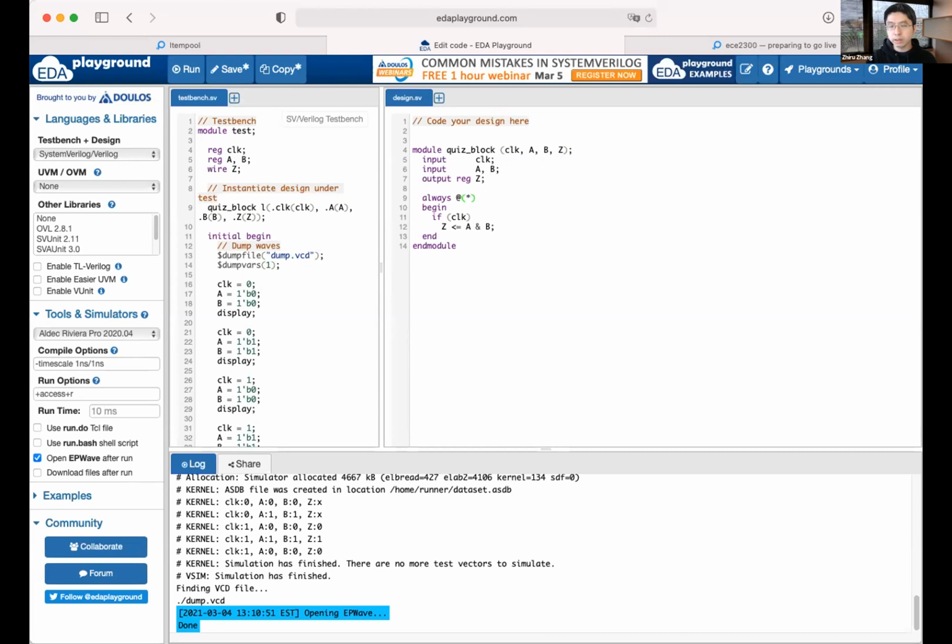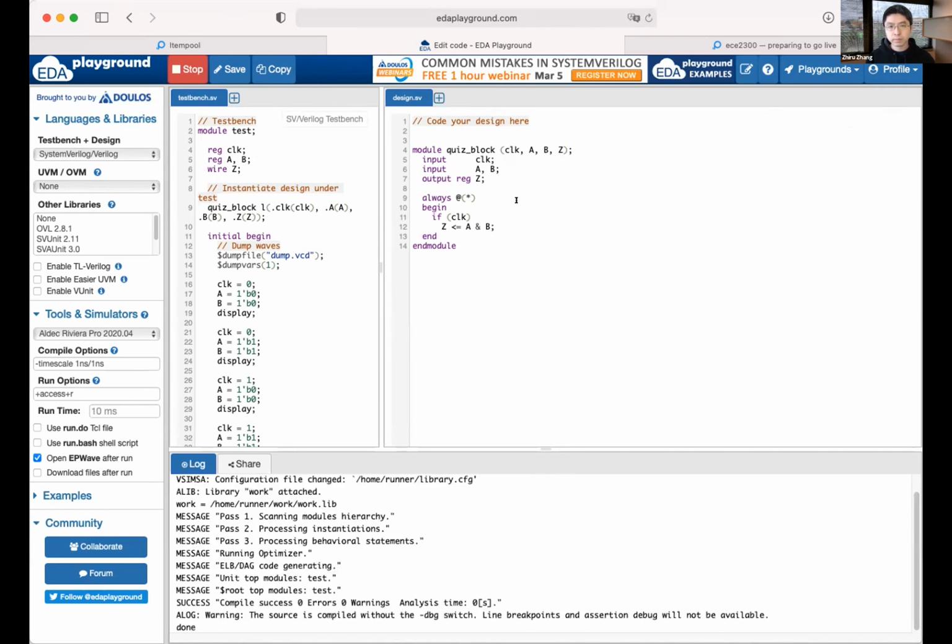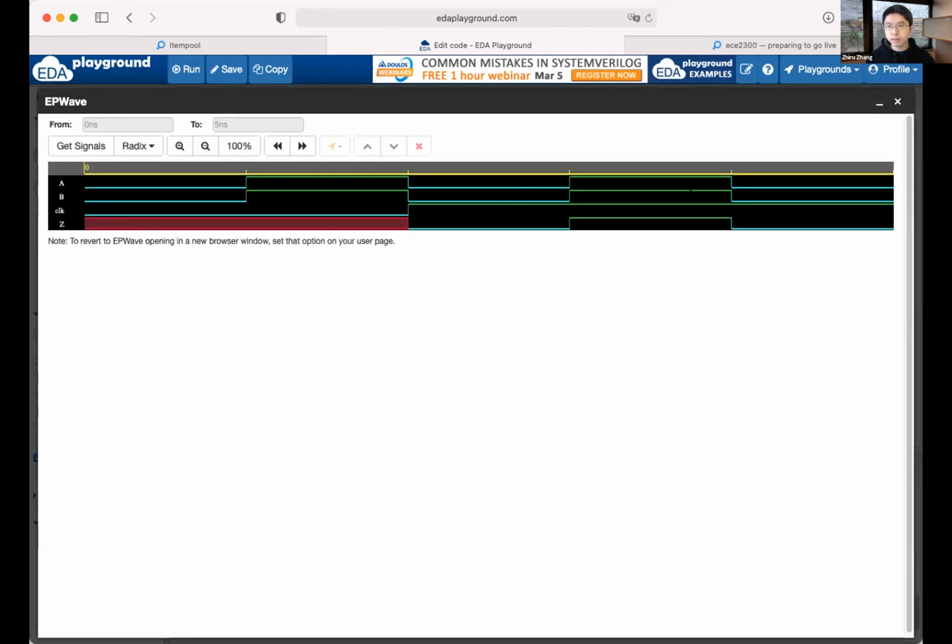Just putting in a star means that we are going to be sensitive to all signals on the right-hand side, including clock, A and B. This is the easiest way in many cases. If you run it again, again, this is a good latch.